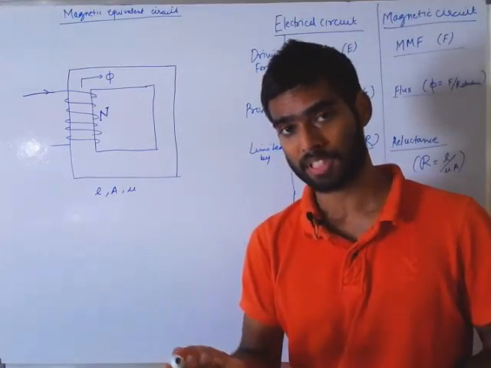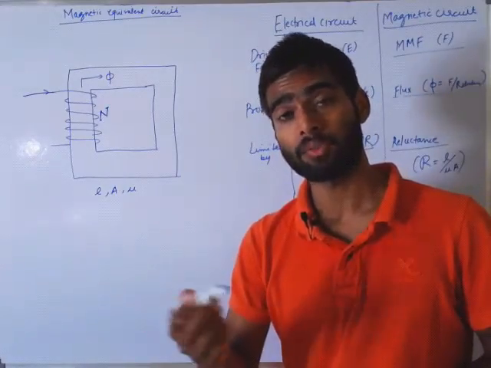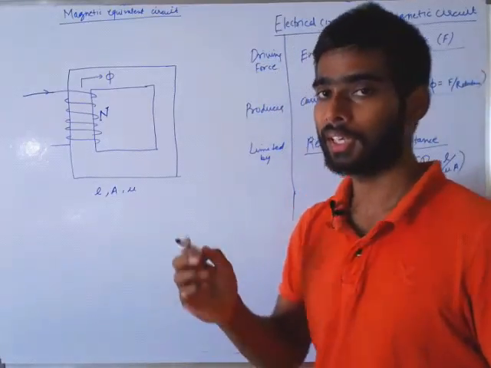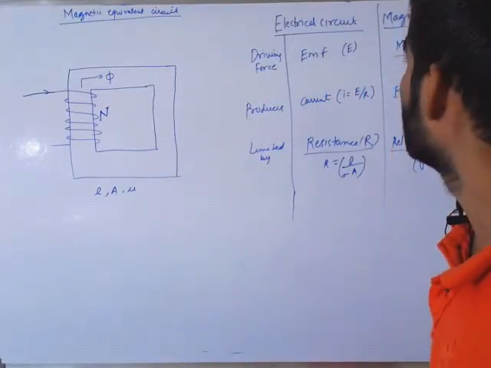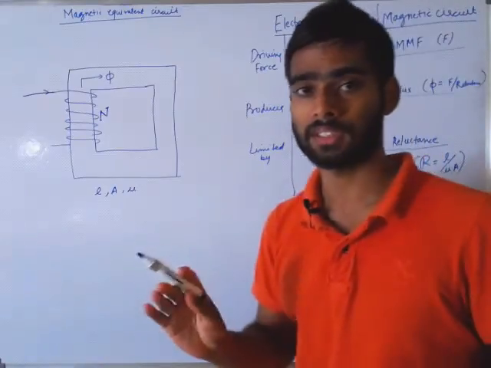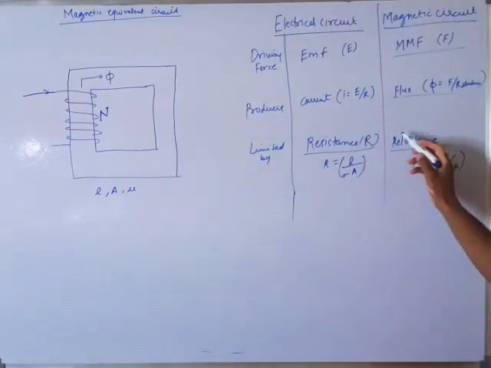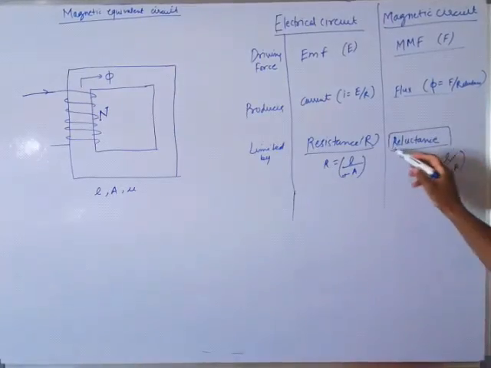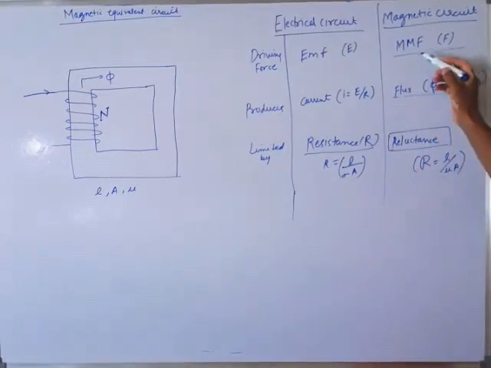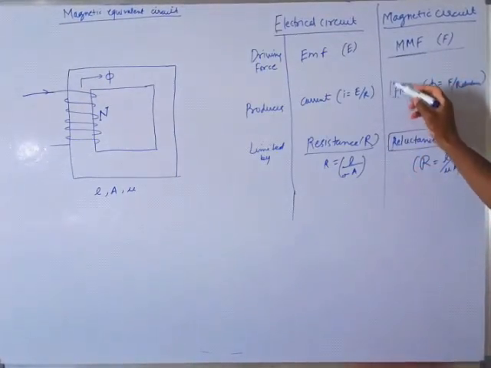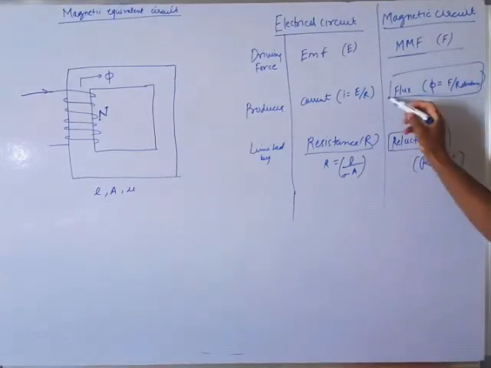If the circuit is capacitive, the current leads the voltage. But in a magnetic circuit we will not find such lagging or leading cases, because only reluctance is present. So the MMF and flux are always in phase.